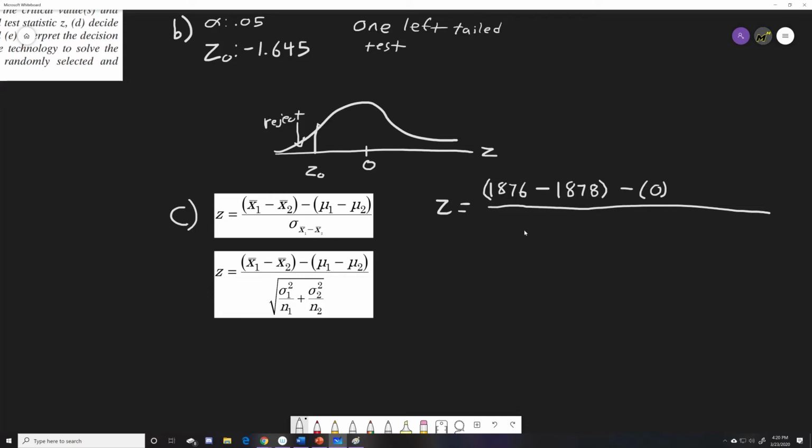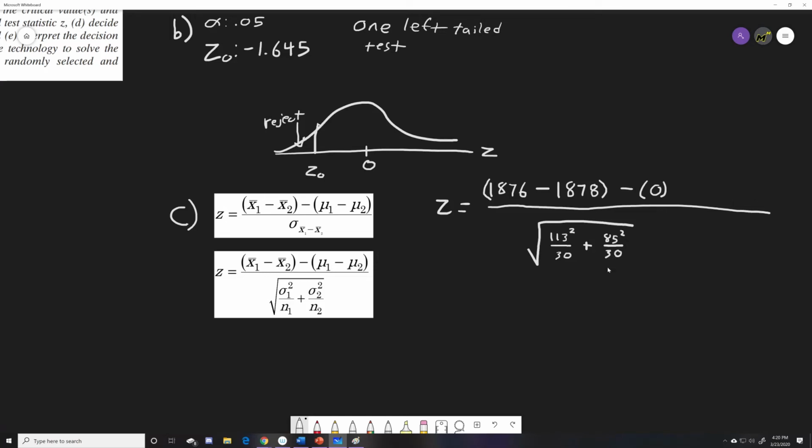And then underneath our standard deviation, or sample standard deviation, the s, we'd have 113 for our first group, so 113 squared, divided by 30 households, added to the next one, where we had 85 for our standard deviation in that sample, and we use the same number, 30 people.